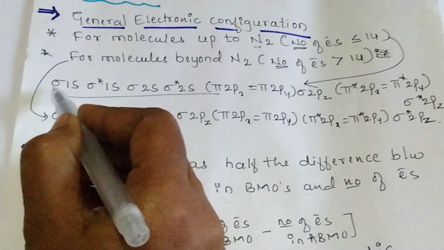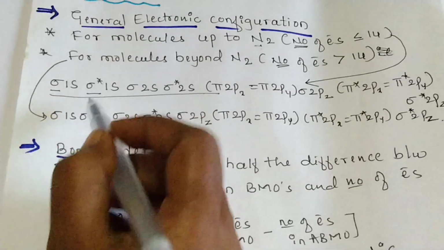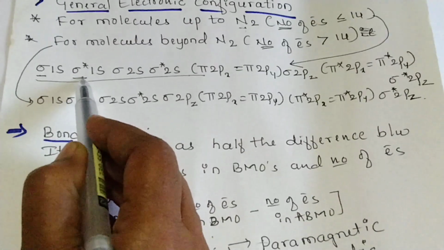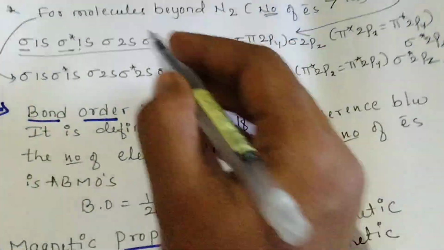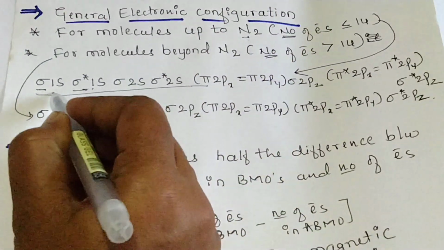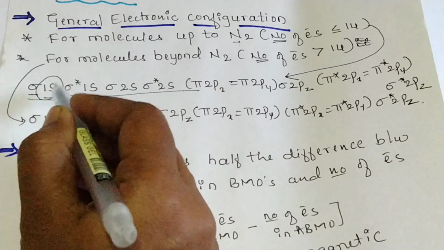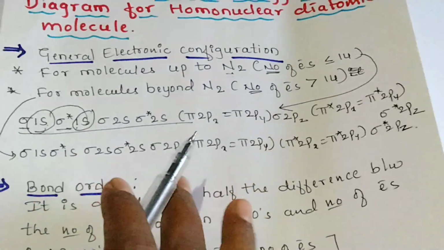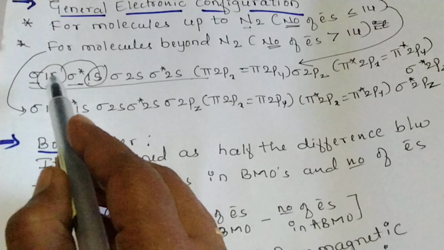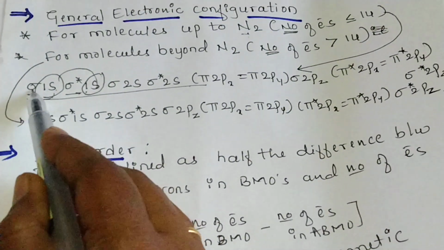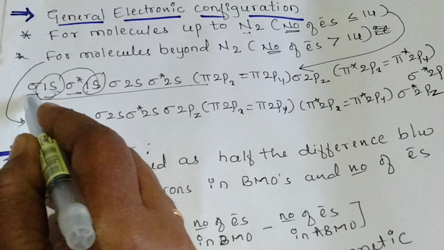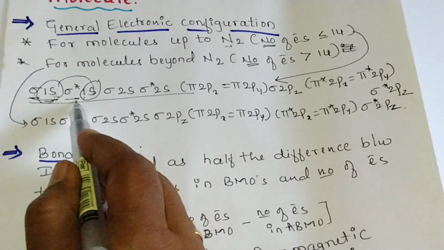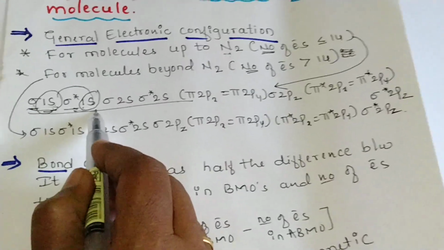Here, sigma is the bonding molecular orbital and sigma star is the anti-bonding molecular orbital. The 1s atomic orbital overlaps with another 1s atomic orbital, so there is formation of two molecular orbitals: sigma 1s, which is a bonding molecular orbital, and sigma star 1s, the anti-bonding molecular orbital.